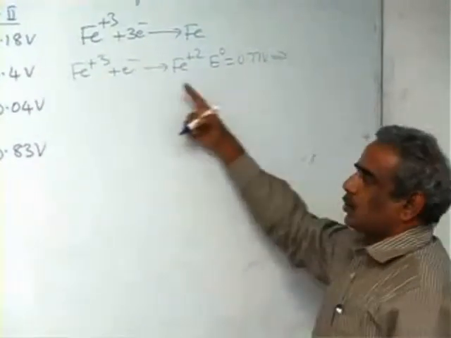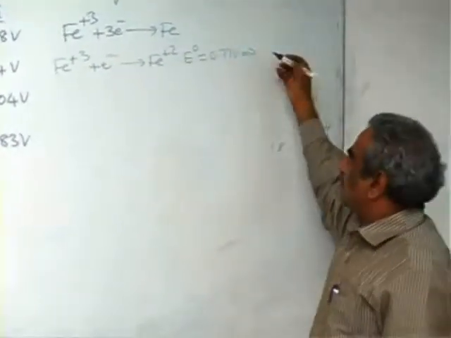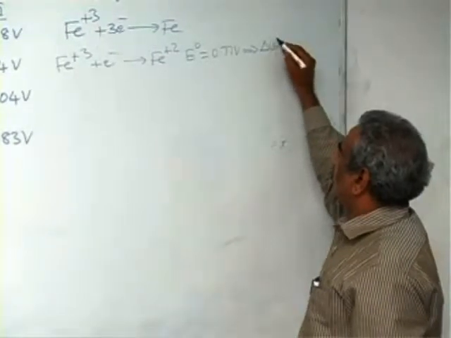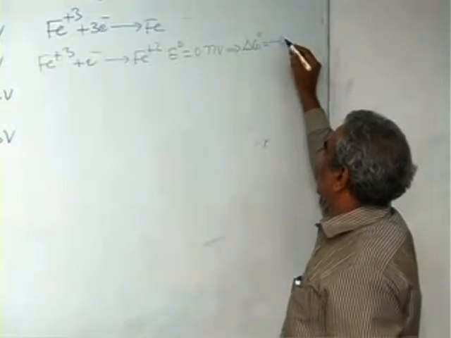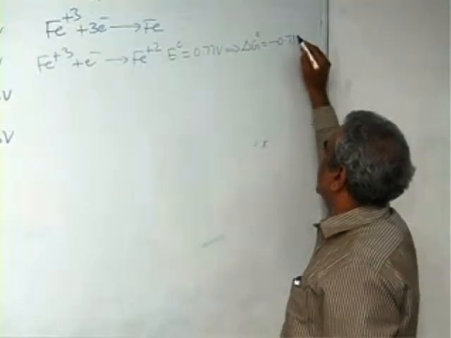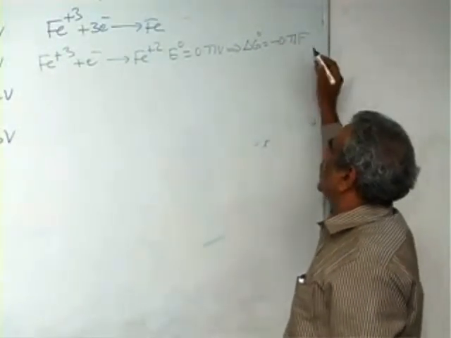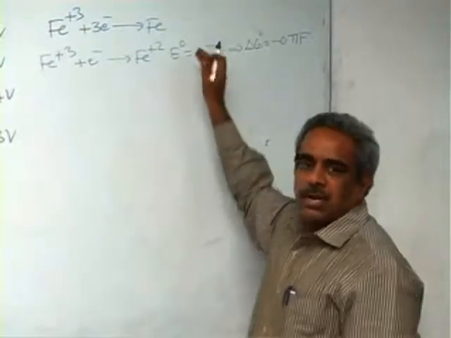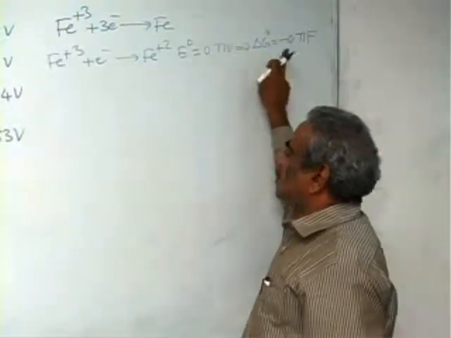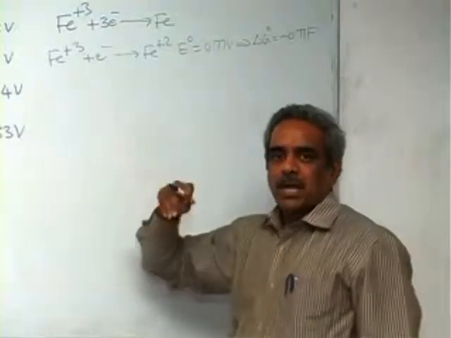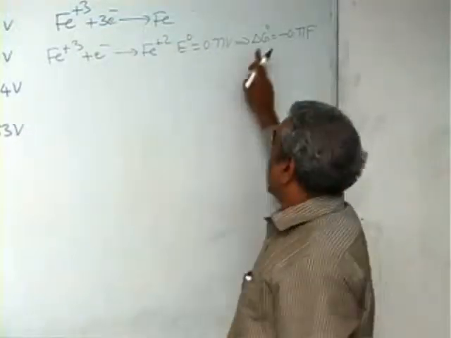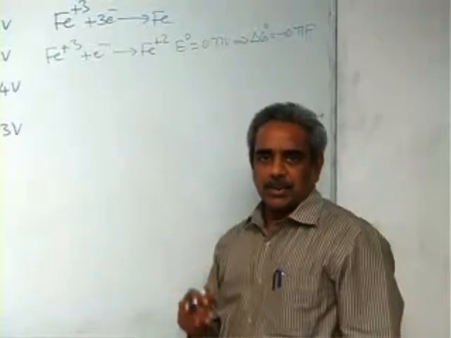If you convert it into thermodynamic data, delta G naught would be minus nFE naught, which is minus 0.77 farads. Why should we convert electrochemical data into thermodynamic data? Because the potential is an intrinsic property. Delta G is an extrinsic property.